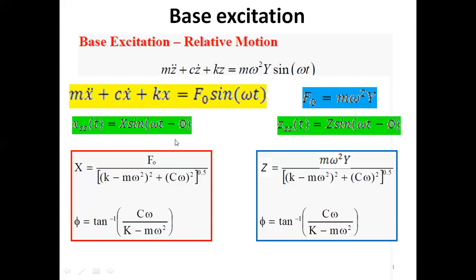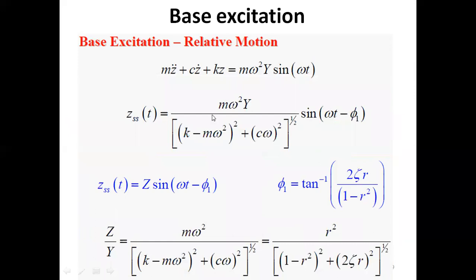So just by comparison and similarity, we could very easily determine the steady state response in terms of the relative displacement, and we could have a model for the amplitude and initial phase of the relative displacement in case of base excitation. So now we have the relative displacement steady state response Z sine omega t minus phi 1, where phi 1 is equal to tan inverse 2 zeta r over 1 minus r square.